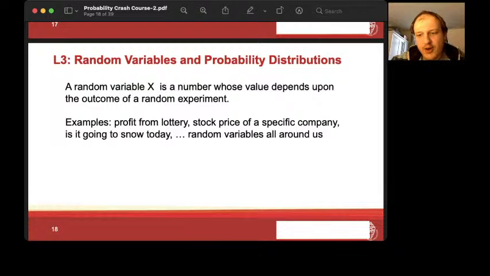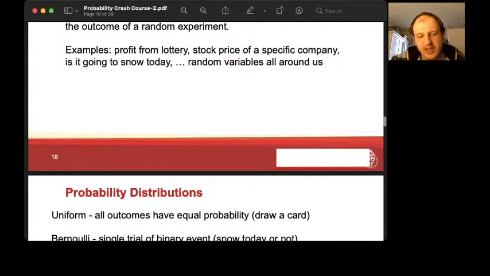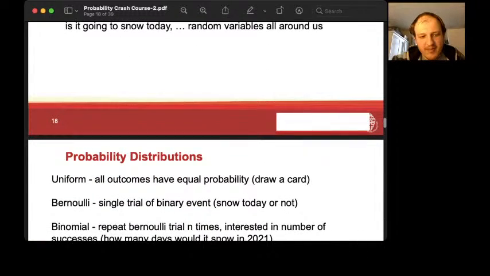We typically use coin tosses and dice, but it's pretty much everything, from daily stock prices to weather. There are many random processes all around us, and everything can be quantified by some variable x with some specific probability distribution.